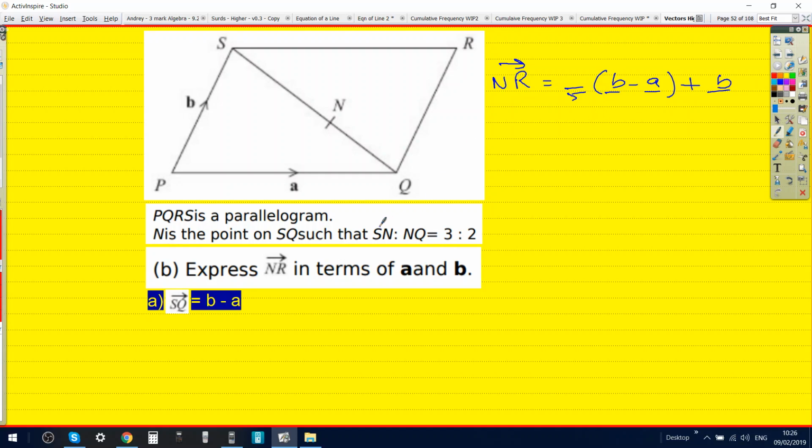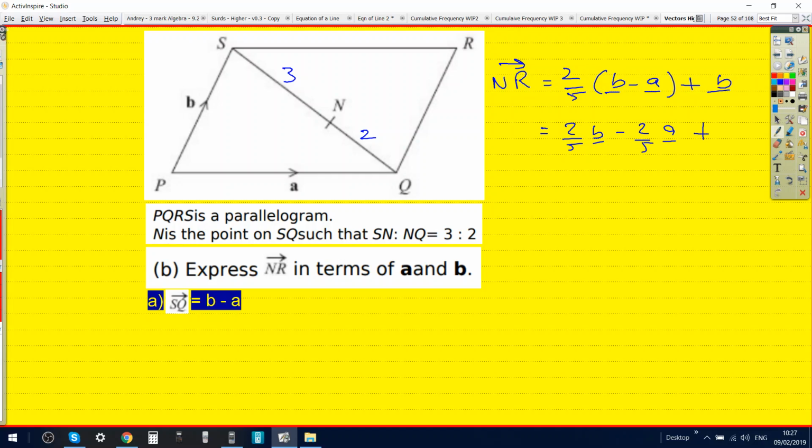And they told us that S to N is to N to Q, 3 is to 2. So this bit is 3, this bit is 2. So what fraction is this bit, N to Q? Is it 2/5? Yeah, you said 3/5 first time. Okay, go on. So would it be 2/5 of B minus 2/5 of A plus B?